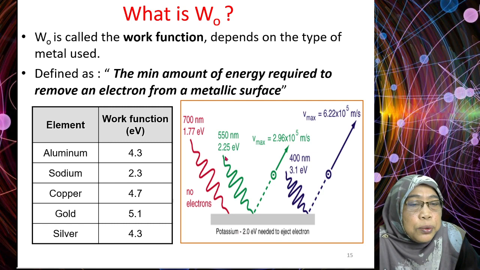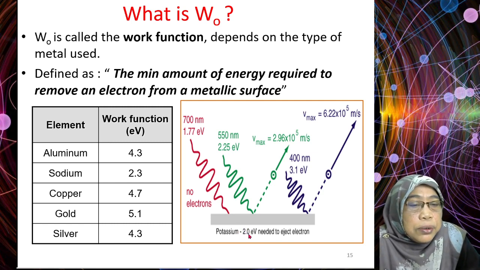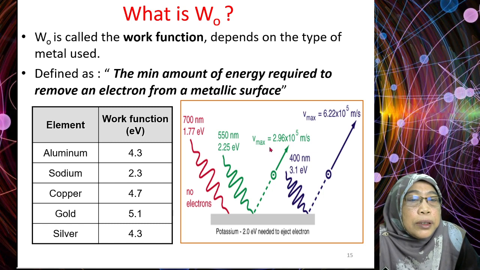So 2.25 minus the work function 2.0 electron volt. The potassium needs the minimum energy of 2 electron volt, but the photon energy gives 2.25 electron volt, more than needed by the potassium metal target, and that's why the electron can be ejected from the metal target, and then it has the balance as kinetic energy.